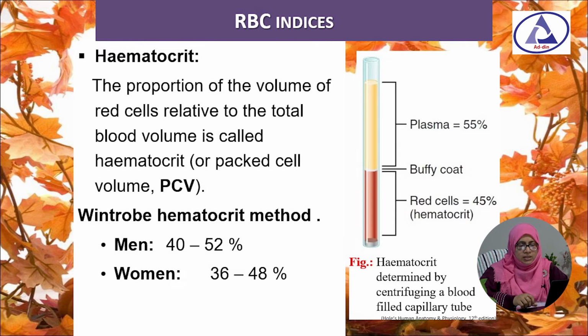You can see in this figure that plasma is 55%, then the buffy coat, then red cells, that is 45%. We can do this by the hematocrit method, using a centrifuging machine so that RBCs settle to the bottom. The percentage is calculated in this way.